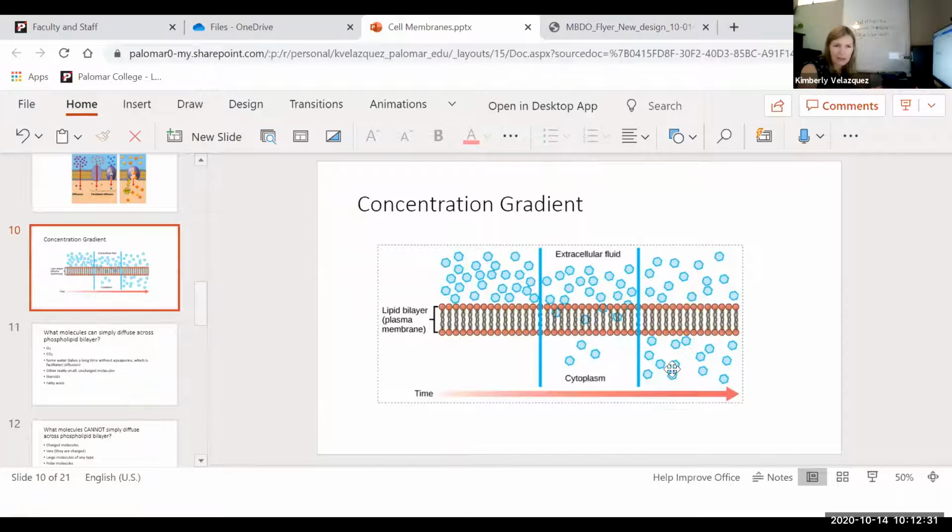We're going against a concentration gradient. So the end result, or we can say the goal, of active transport is not equilibrium.